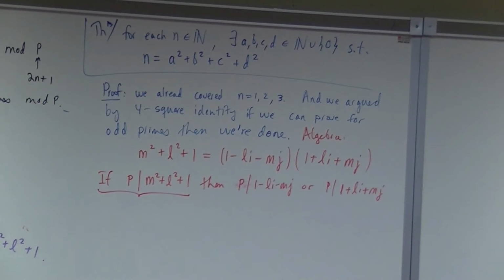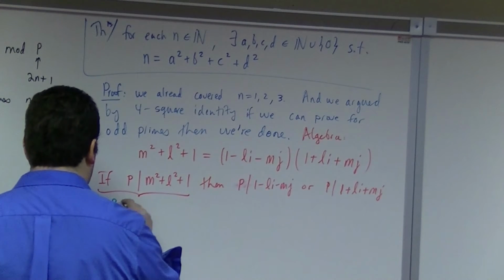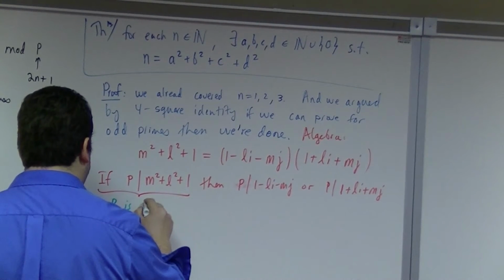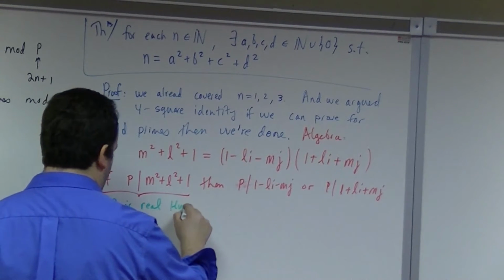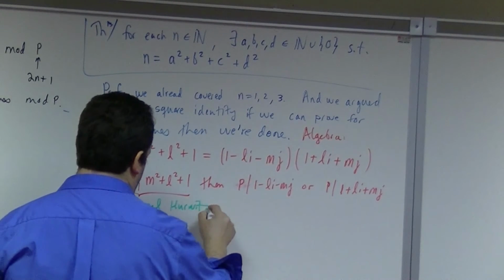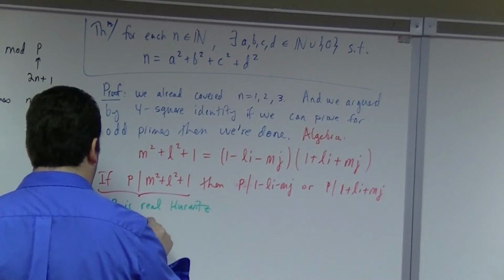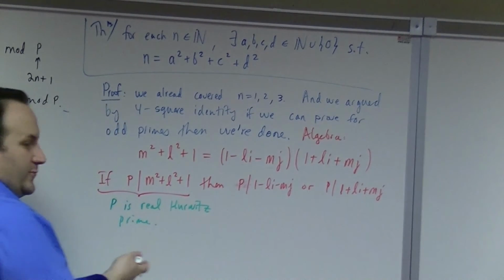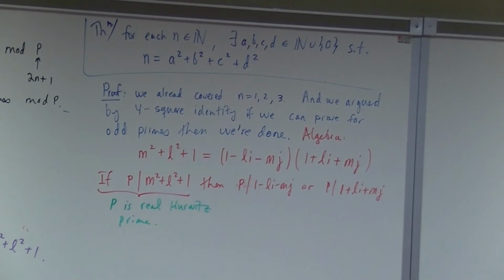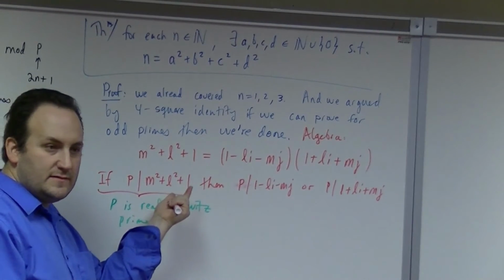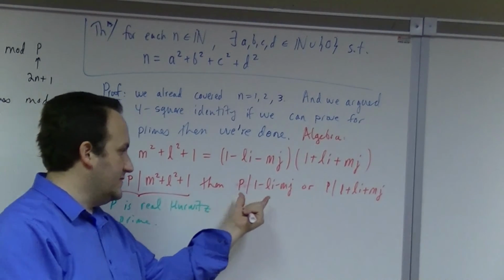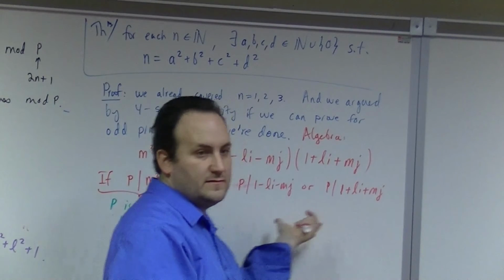So suppose p is a real Hurwitz prime. That's where the prime divisor property held. But now, by this Lagrange type lemma, we also have that if p divides this, it has to divide this or that.